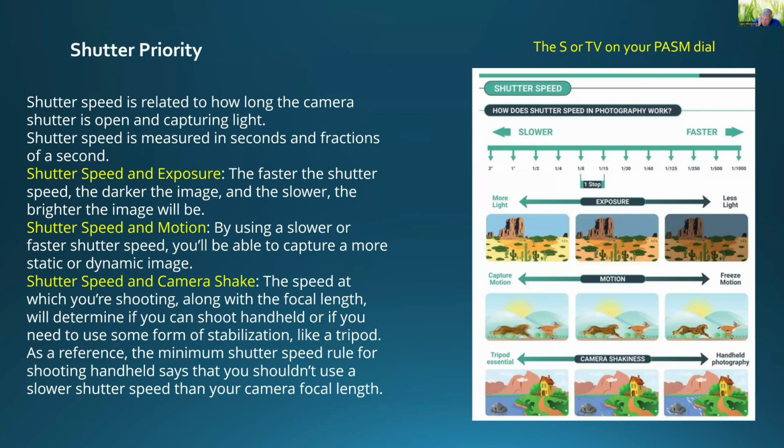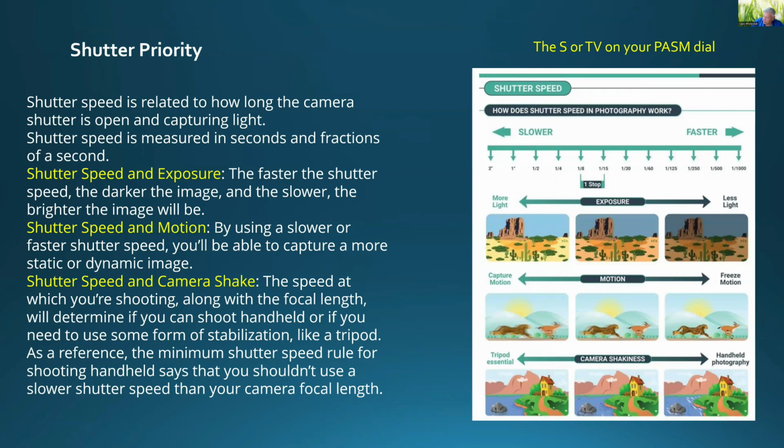Shutter priority. Basically it's how long the shutter is open for on your camera. The more you leave your shutter open, the more light is going to get on your sensor. And obviously the other way, if you have your shutter open for only a thousandth of a second, it's not going to let much light in.